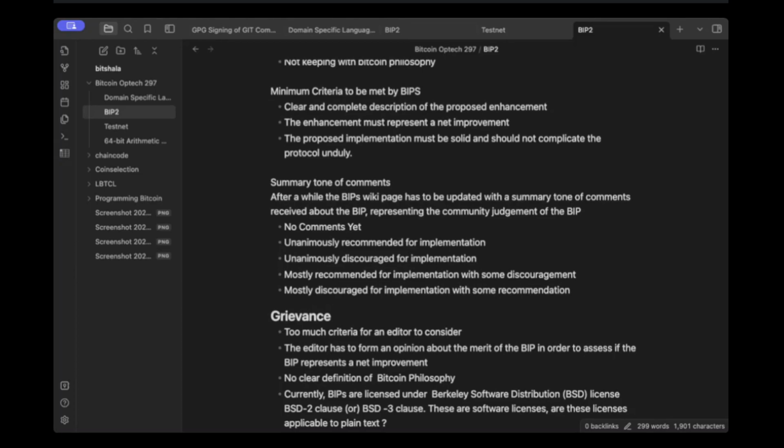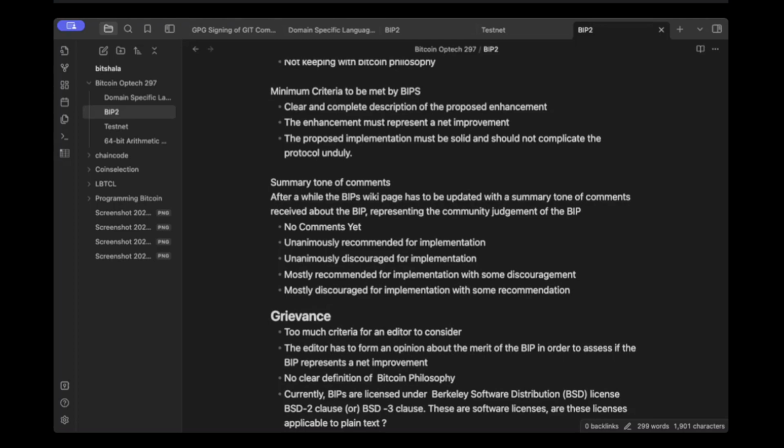If a BIP is new, it can be classified as no comments yet. If a BIP is so important and it is non-controversial, it can be classified as unanimously recommended for implementation. And if it is very controversial and it's a big no-no, and most comments have discouraged it, then the editor can classify it as unanimously discouraged for implementation.